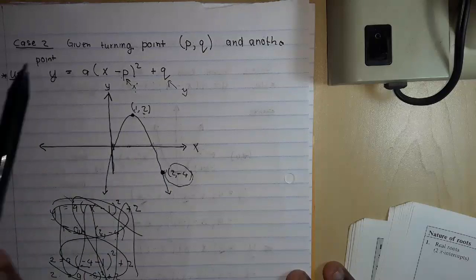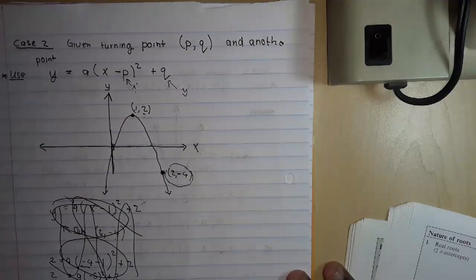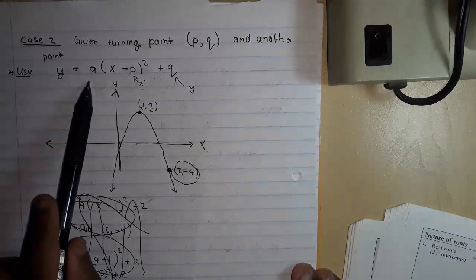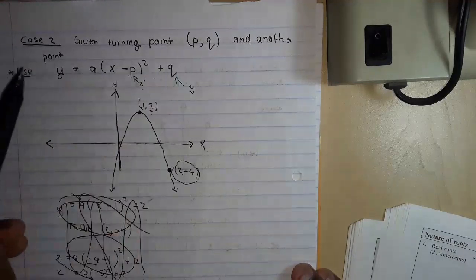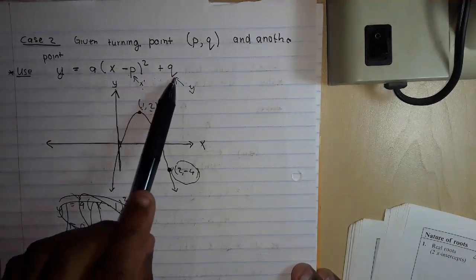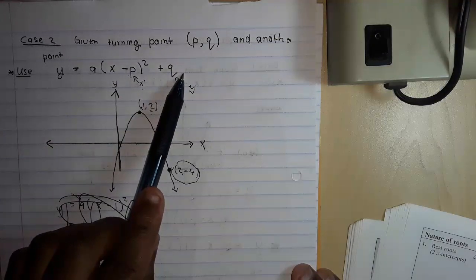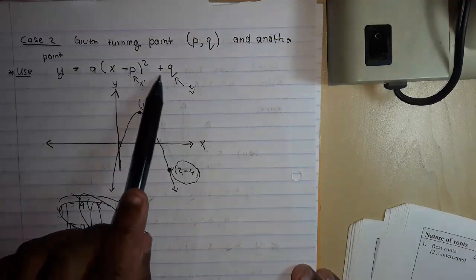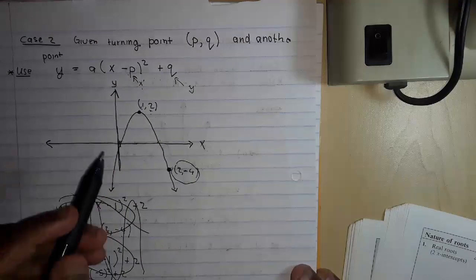So whenever we're given this, one way to determine what the equation is, is to use the equation of the turning point. That's why it's important to remember the standard form of the equation. I'll demonstrate shortly how it will be useful.